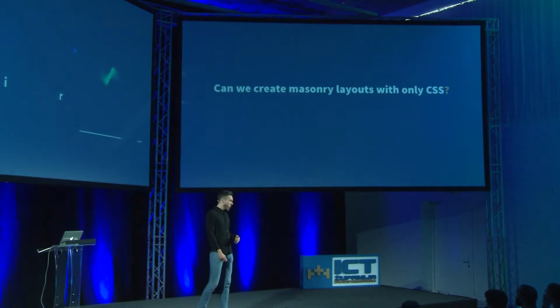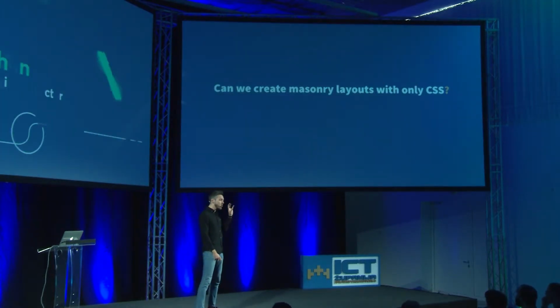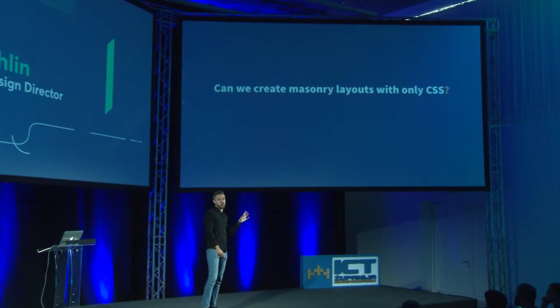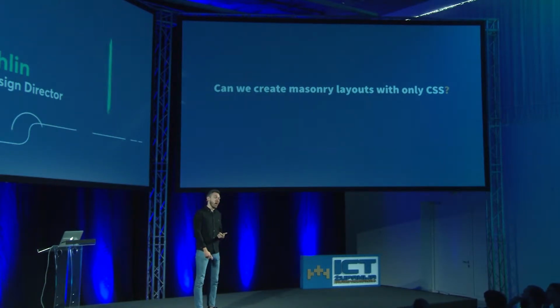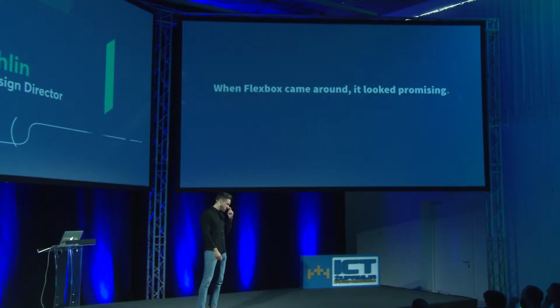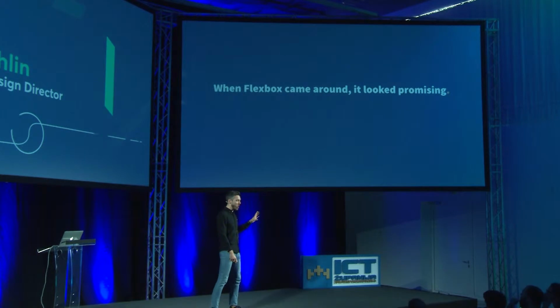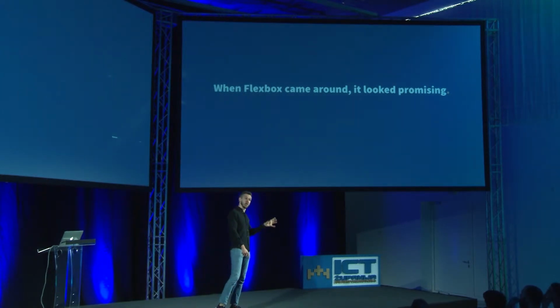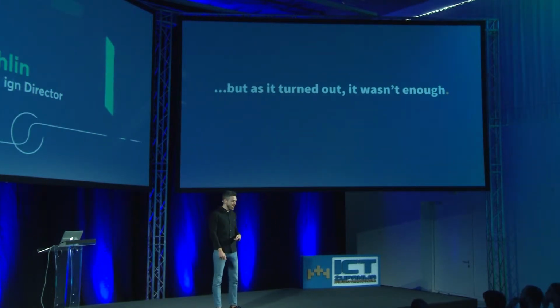So this is a great layout, but it's difficult to create with CSS. And the answer to this question has traditionally always been not really possible. And that's because, when Flex came around, it looked promising, we got some new fancy tech. But as it turned out, it wasn't really enough.